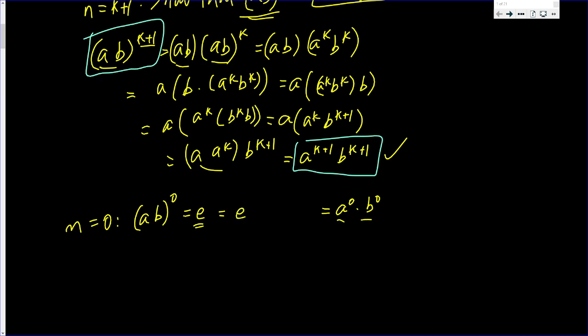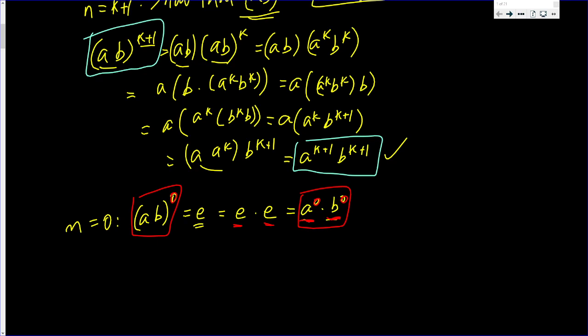This E is the same as E times E. And the first E is being replaced with A to the 0, which is also E. And the second E is being replaced with B to the 0, which is E. So I have (AB) to the nth power is equal to A to the nth power times B to the nth power when n is 0.